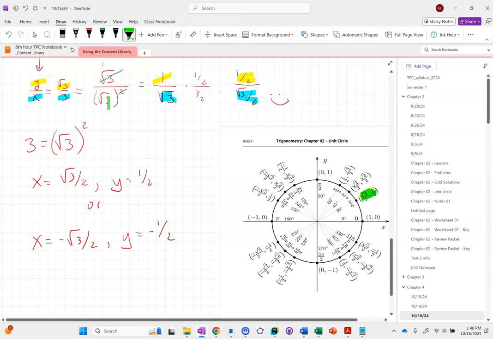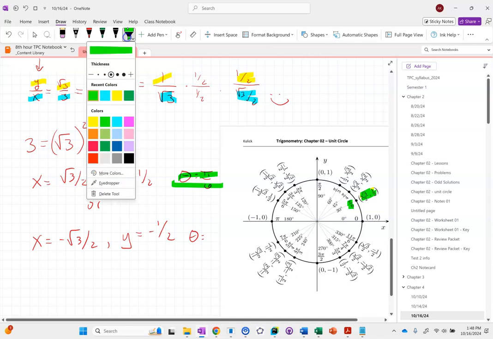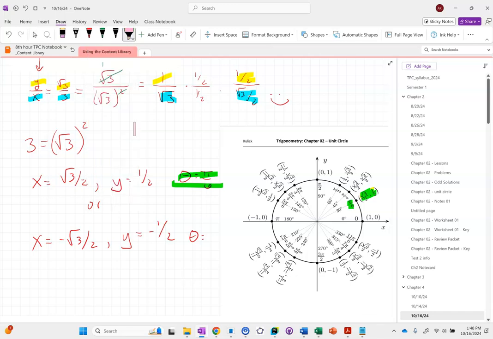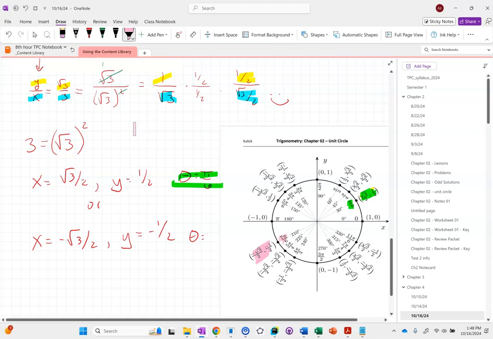So I notice I got one here. That's pi over 6. And then I have this one here. So that's 7 pi over 6.